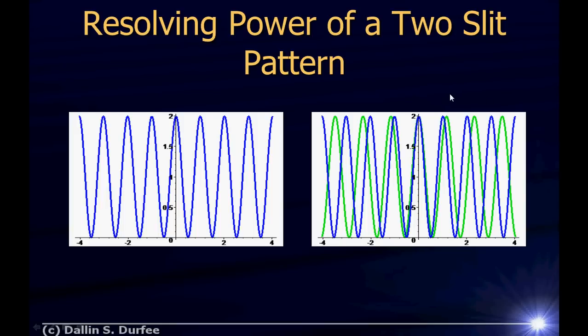So going to a higher diffraction order will give me more resolving power. I can more precisely determine what the wavelength of the light is. Or if I have two different colors, I'm more likely to be able to tell that I have two different colors of light rather than having them blurred together so it just looks like one diffraction pattern. So going to higher diffraction order helps me resolve things better.